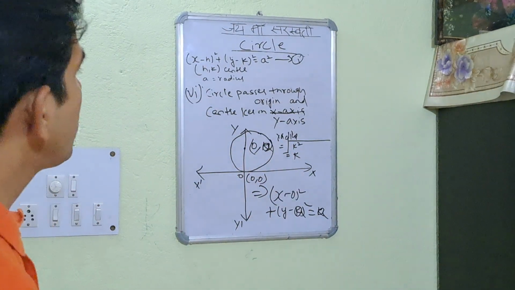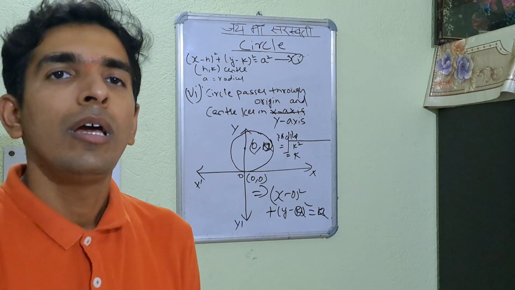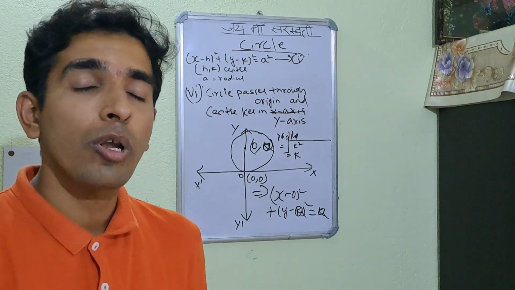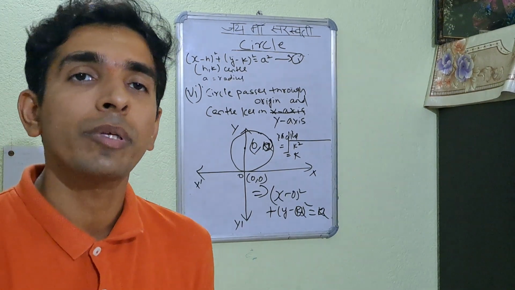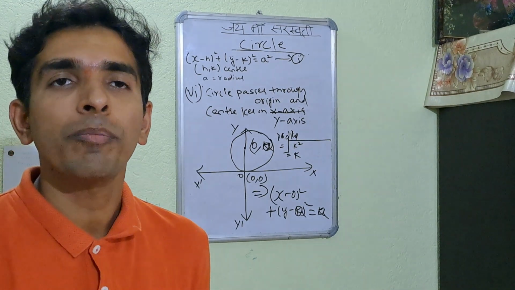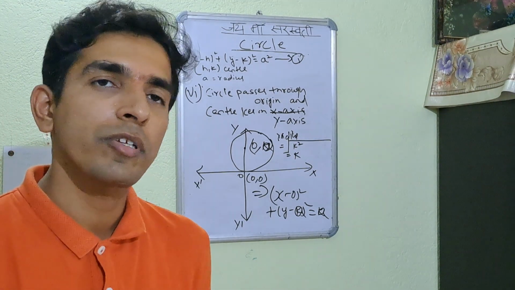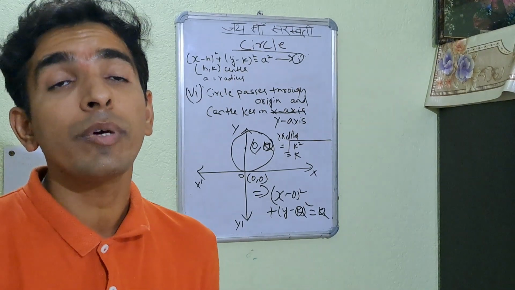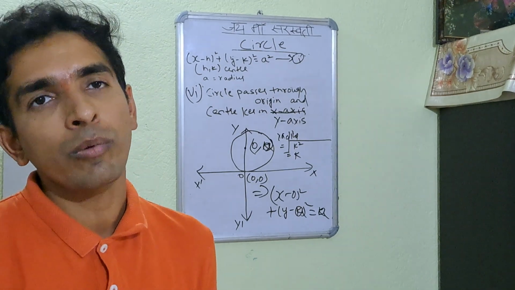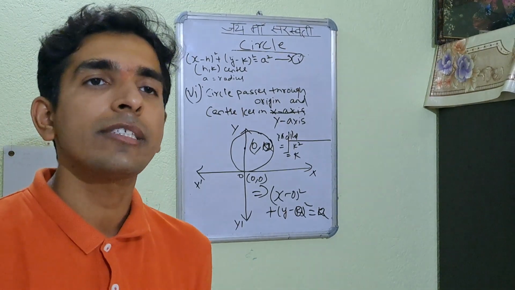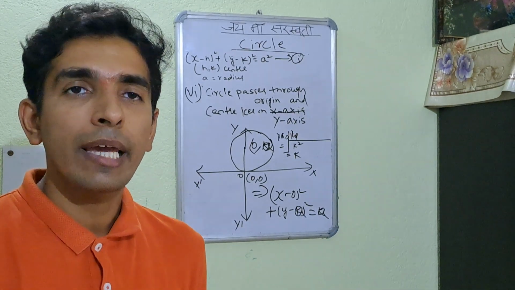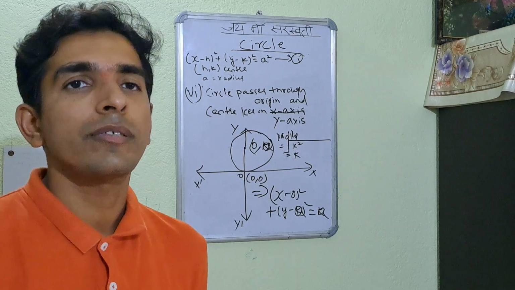These are certain terms and conditions associated with the circle whenever we are solving problems of the circle in coordinate geometry. In earlier classes, we also solved problems related to the circle, but in that case we were dealing with the angle part, the arc part, the angle subtended by a particular arc at the center, or at one point, which will be equal to the angle at another point within the circle.